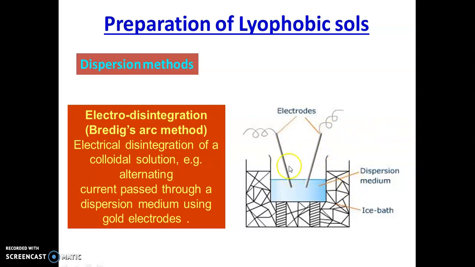For this we take a beaker and 2 electrodes of gold, and a high electric current is passed through them, then an arc is formed between them. So this metal is dispersed into the dispersion medium and it does not get evaporated, so we take it in an ice bath and we get the metal in the dispersion medium, a colloidal solution of gold or silver.